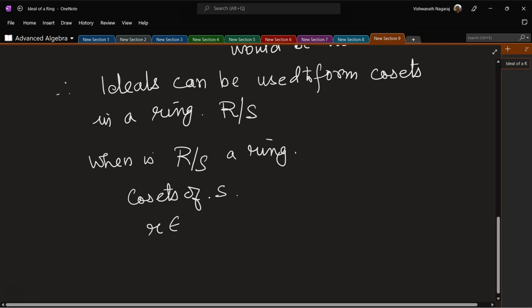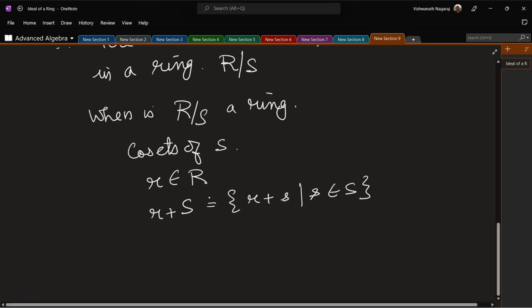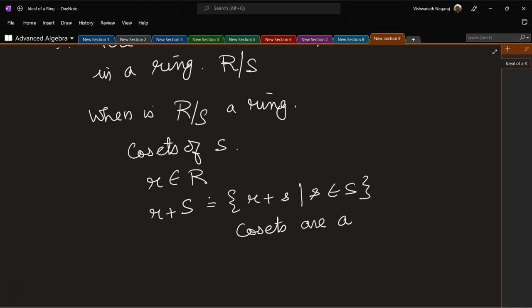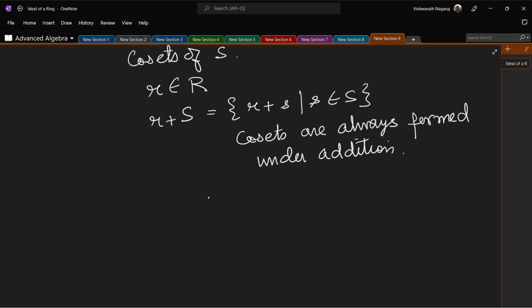Let's say r is an arbitrary element of R, then r plus S is going to be, this is the coset, the set r plus s, where s belongs to S. And remember, cosets are always formed under addition in case of rings.